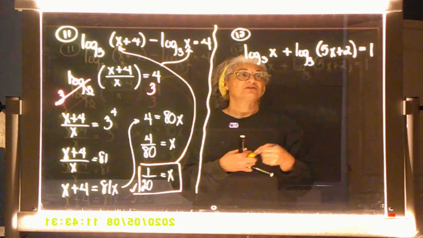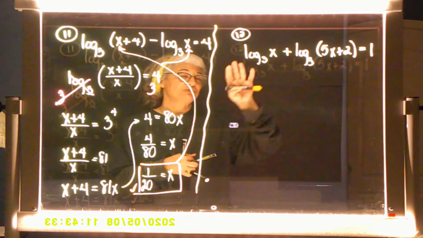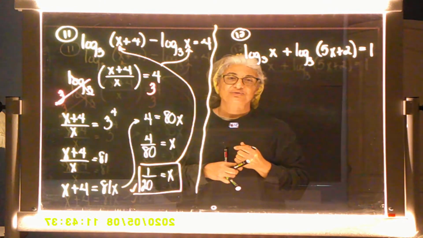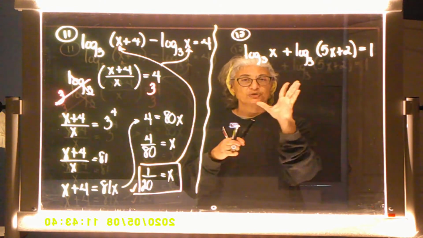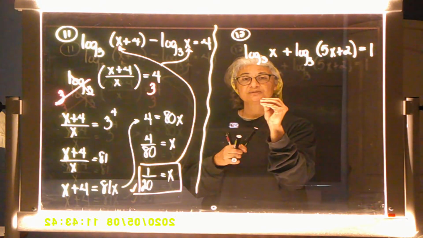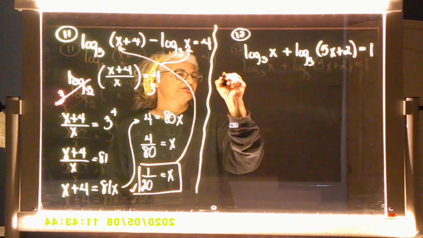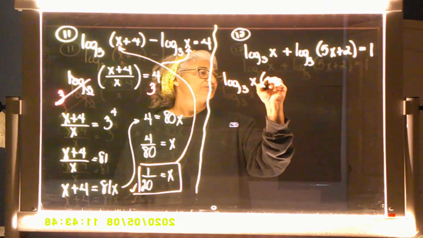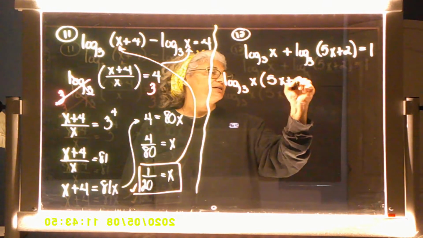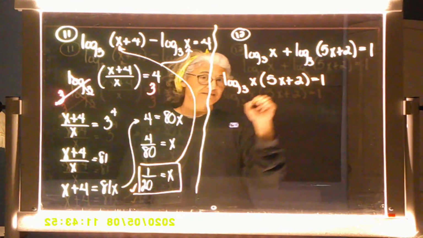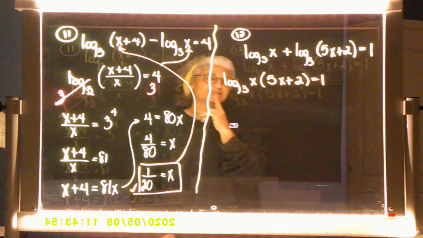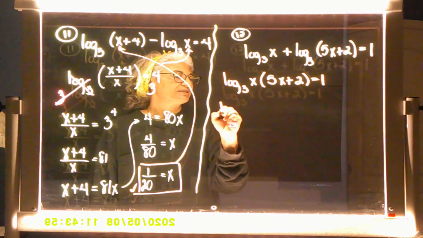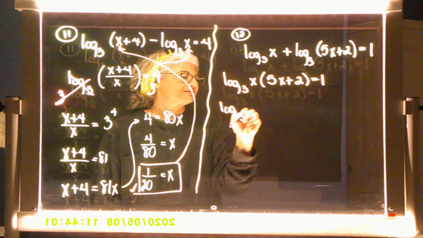On number 12, I have 2 logs written once again with an addition sign in between. That's right. I want it written one time. So we recombine addition to, excellent, multiplication. So we have log base 3 of x times the quantity of x plus 2 equaling 1, right? And you're like, hey, that's looking like number 9. Right, it's looking like number 9, which means you're going to distribute that x.